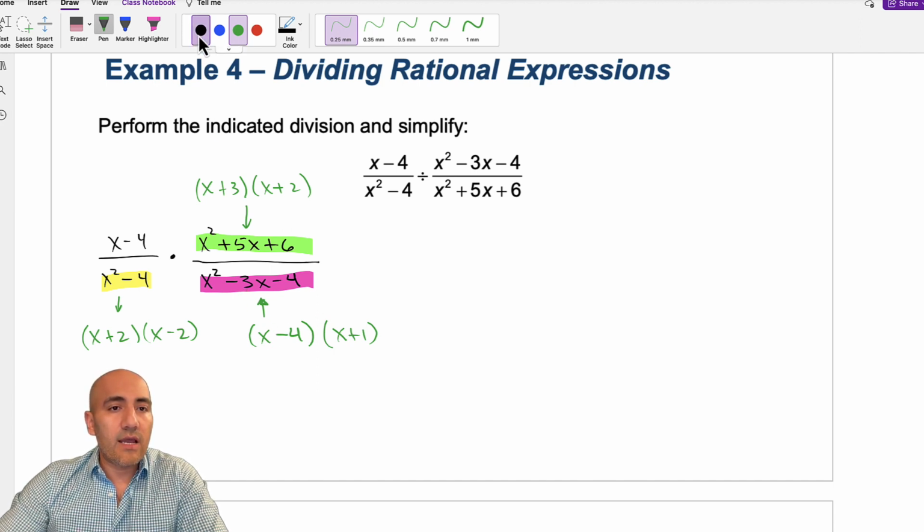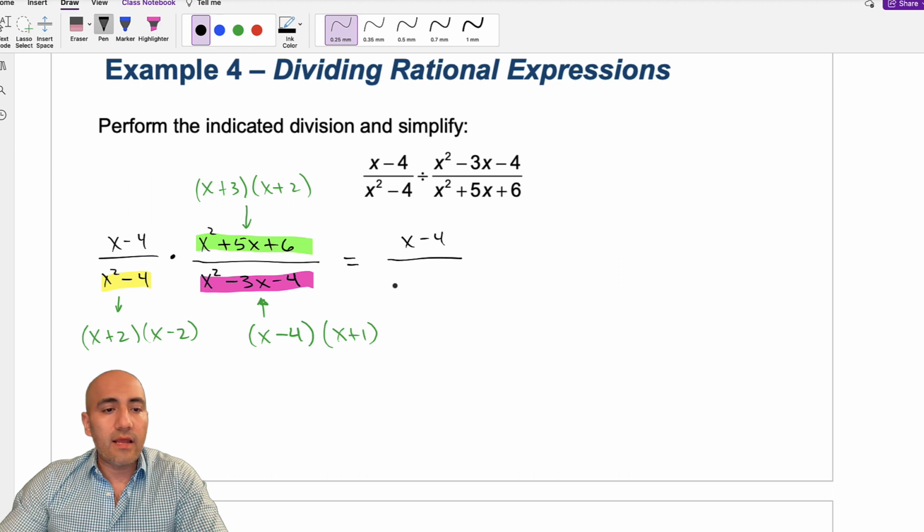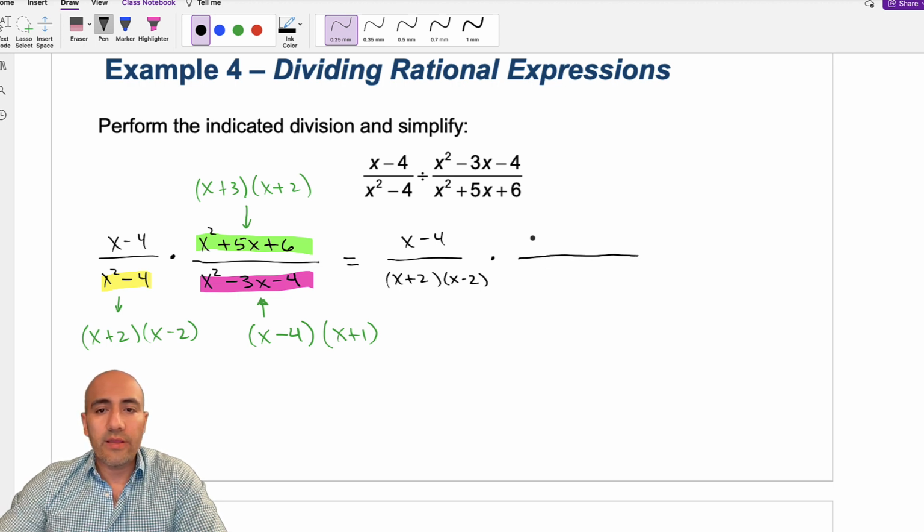Good. So I'm just going to copy everything again. So we have an x minus 4 there. And then in the denominator, this turns into an x plus 2 and an x minus 2 times. And then in this numerator here, we end up with an x plus 3 times an x plus 2. And then in this denominator, we end up with an x minus 4 times an x plus 1.